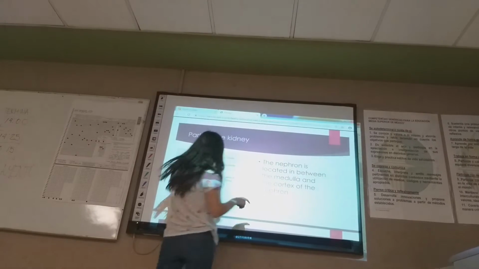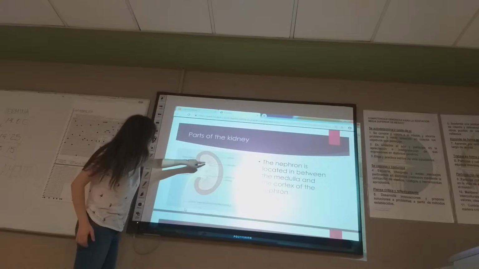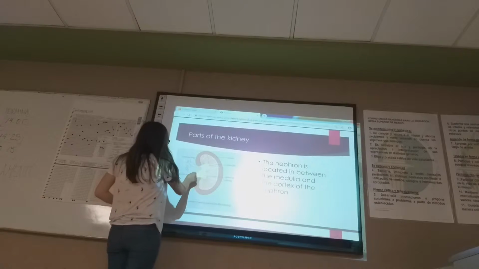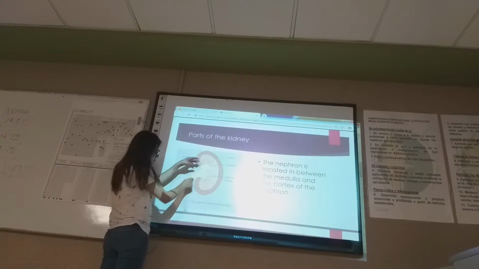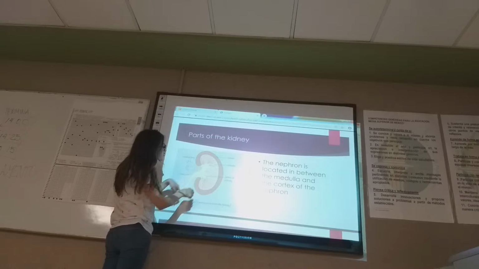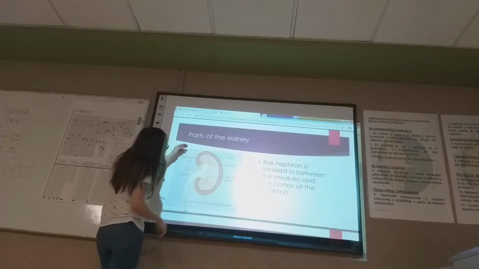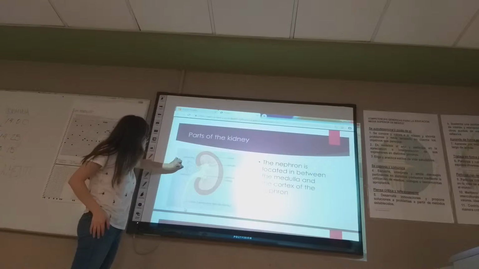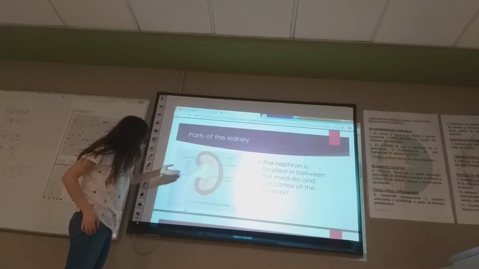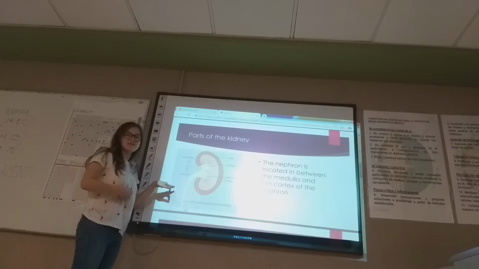This is the pelvis of the kidney, where there is a tube where the wastes come out from the kidney. The wastes are already clean. And here are the renal artery and the renal vein, and the ureter.